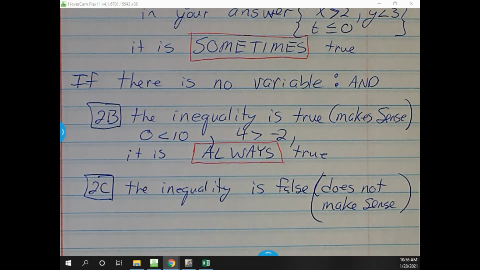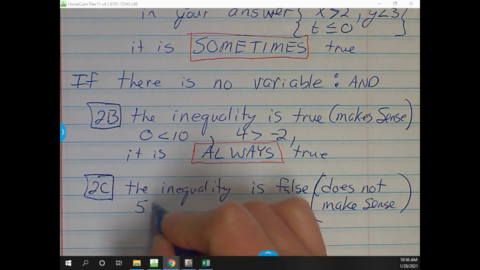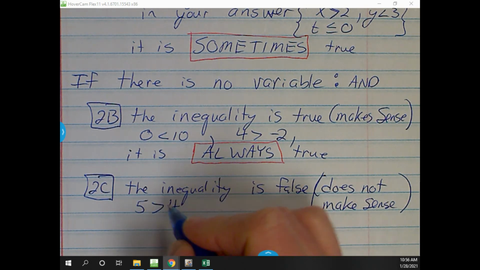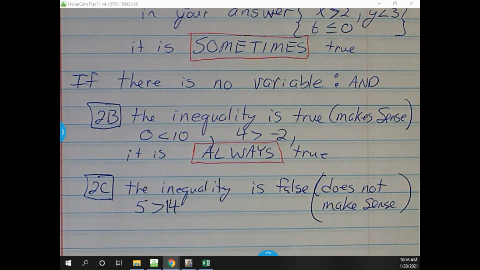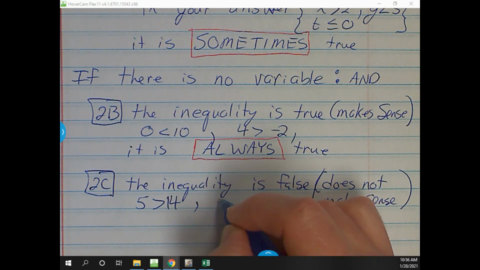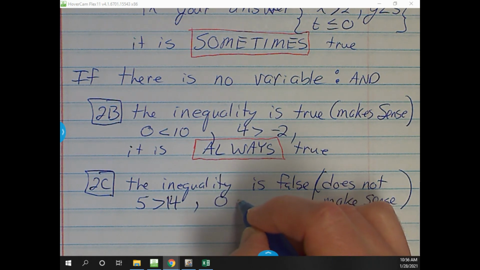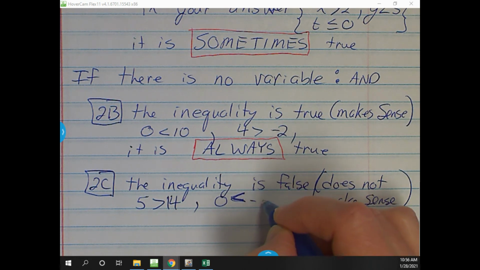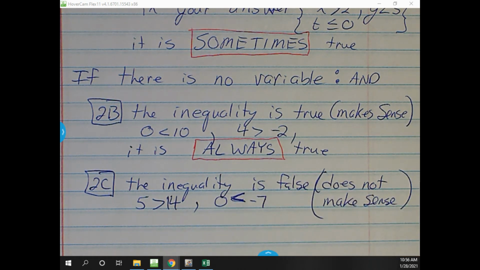This is where you would have 5 is greater than 14. No, 5 is less than 14. Or you get 0 is less than -7. No, 0 is greater than -7.